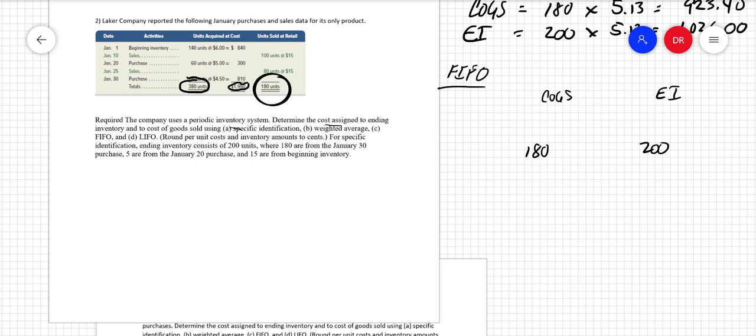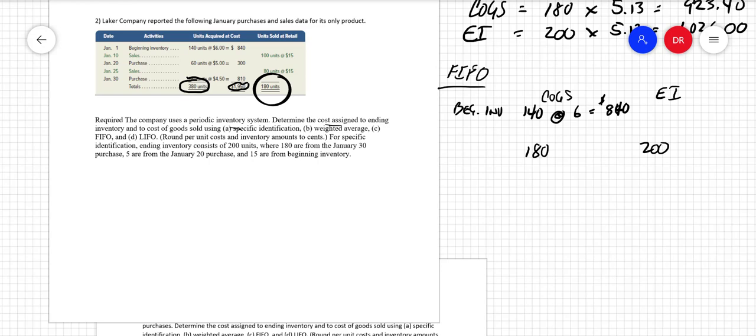Of these 180 units, we're going to assume that we sold all of beginning inventory because we had 140 units in beginning inventory. And those 140 units were costed out at $6. That'll give us an $840 cost in beginning inventory.